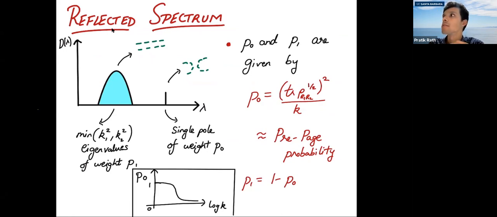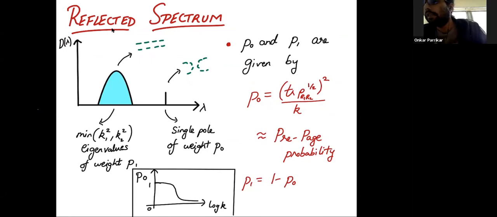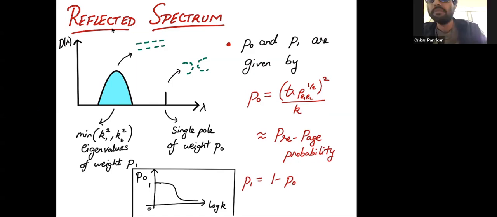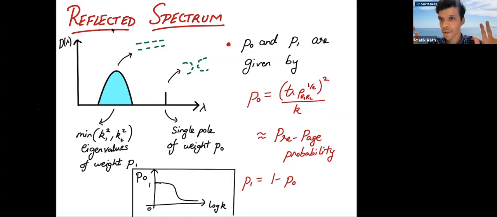I see. But do you expect to find a geometric term in the reflected entropy in that case? I would expect so. I would expect that the answer would be min of the black hole entropy and log K1. Yeah, that's what I would have thought. But I think it's interesting to look at what happens there. Okay. Thank you so much.